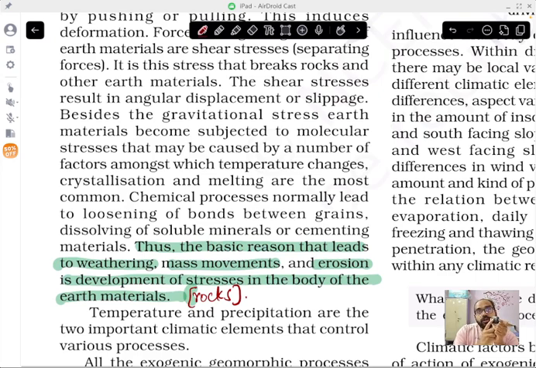Due to the development of stress, cracks are formed on this rock material. Once the cracks are formed, it is easily deformed or denuded. So the basic reason behind weathering, mass movement and erosion is the development of stress. Stress means force applied per unit area on the rock.